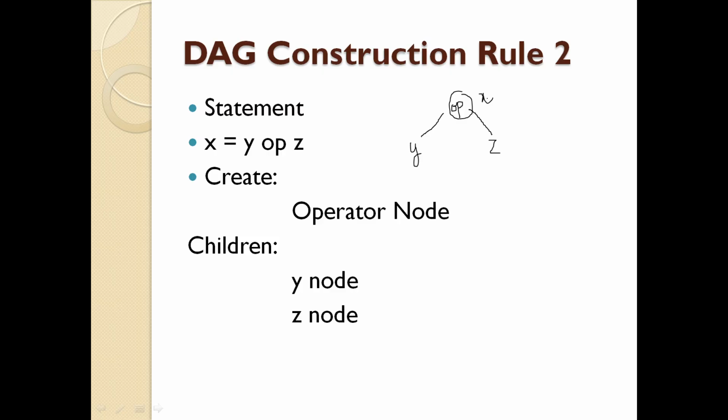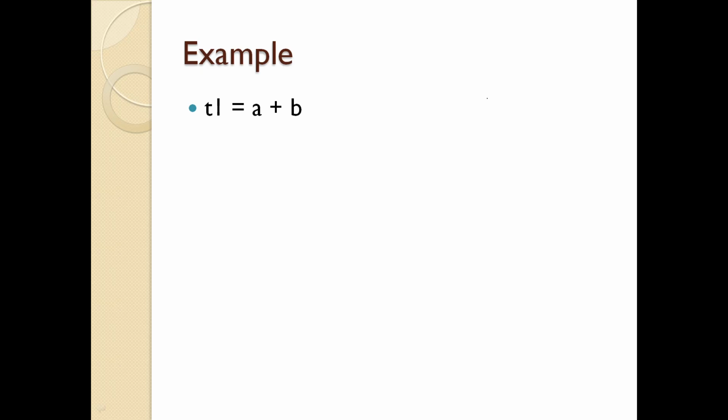So we need to leave the external nodes and circle the internal nodes, and they are to be labeled with the left hand side variable where we are storing the result. In this statement, we are storing the result into X, so we need to label that internal node as X. That is how we need to construct a DAG.